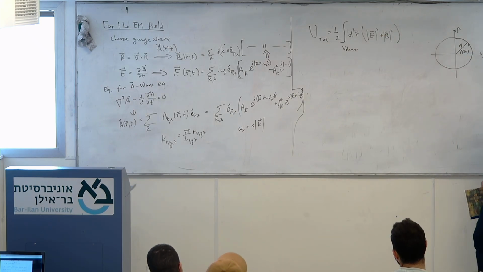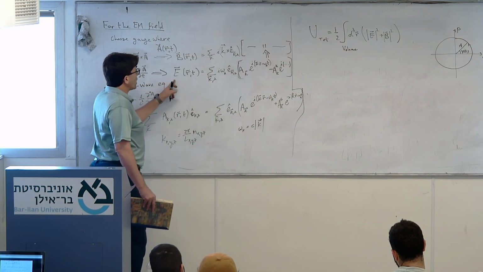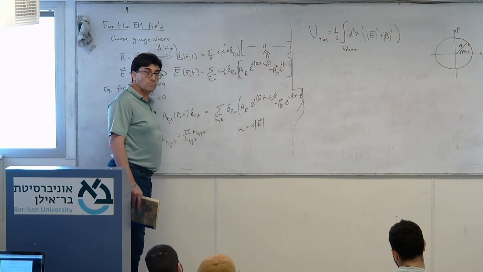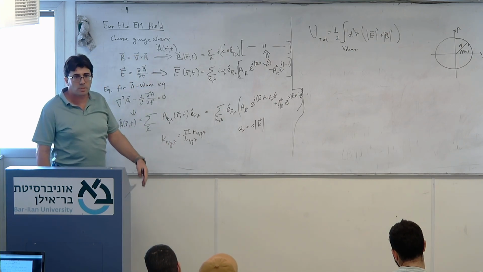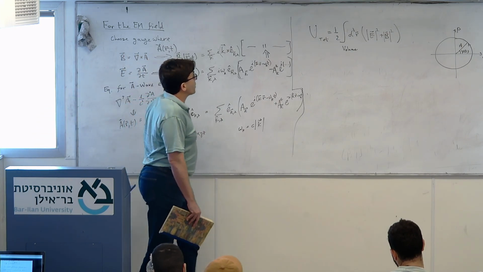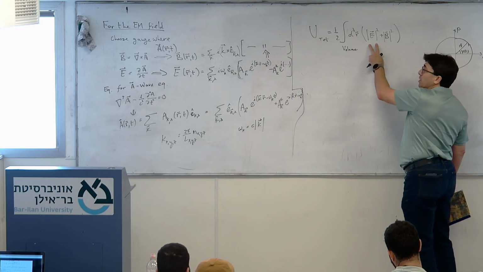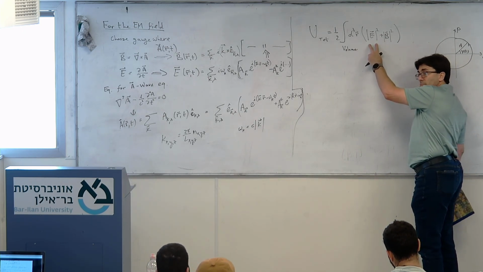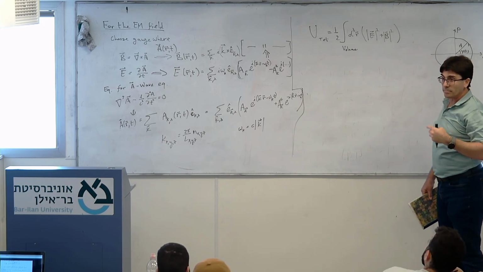Now, okay, I can just take those and put them there. It's going to start messy, but very quickly it becomes simple. Why? Because it's E squared. So there's going to be a double sum here for k and k prime. And here there's also going to be a double sum for k and k prime.